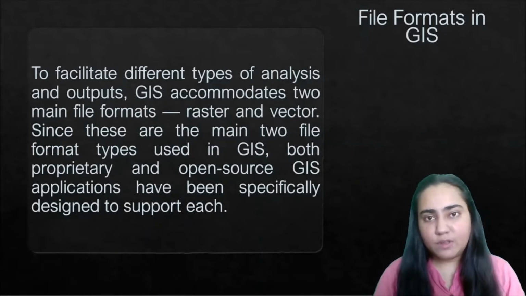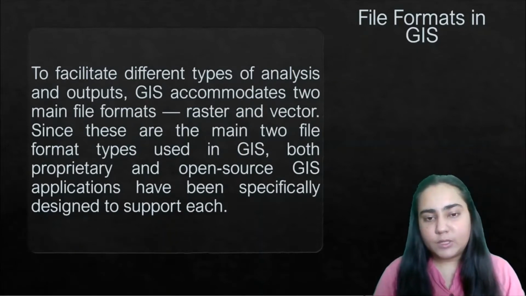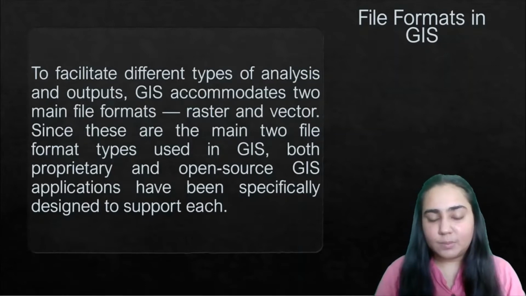Raster and vector are the two main types of file formats that can be used to show spatial databases. That's why whether you use an open source application or a proprietary, that is a paid, GIS application, both of them would be supporting the raster and vector file formats.